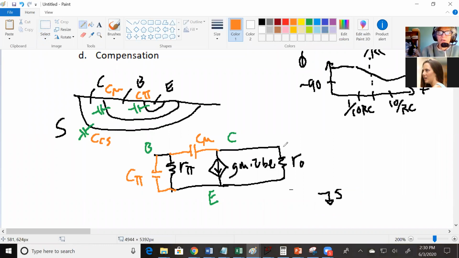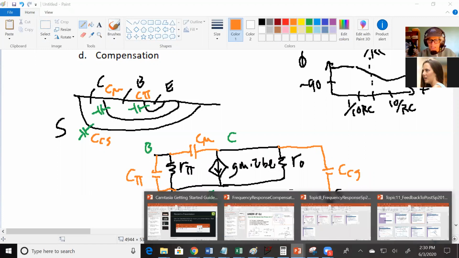We know those have to be connected. CCS. Okay, where the capacitances are connected, is that okay? Okay, all right, so we have our new small signal model.